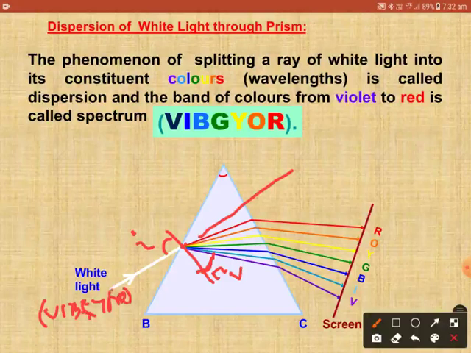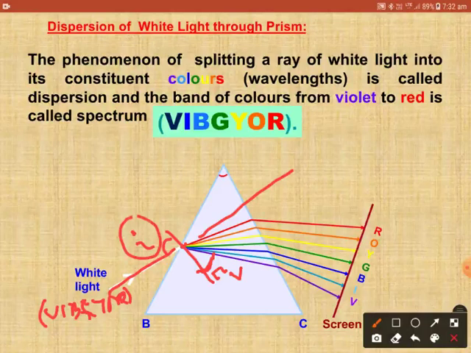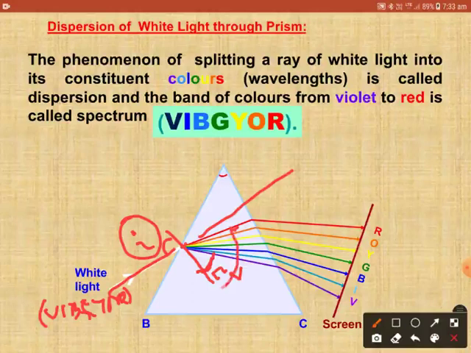Now see what happened. All 7 colors have the same angle of incidence, but different colors have different wavelengths. So for violet, the angle of refraction is less, and for red, it is the largest.